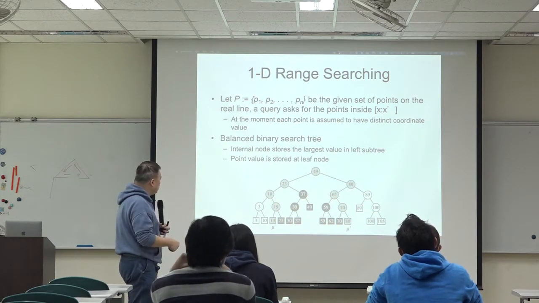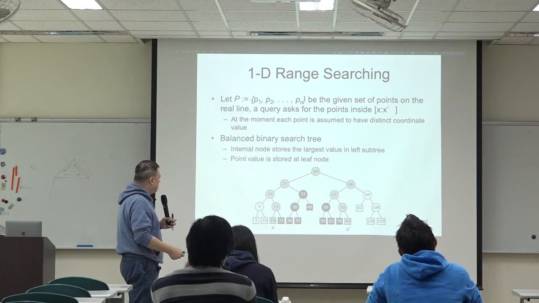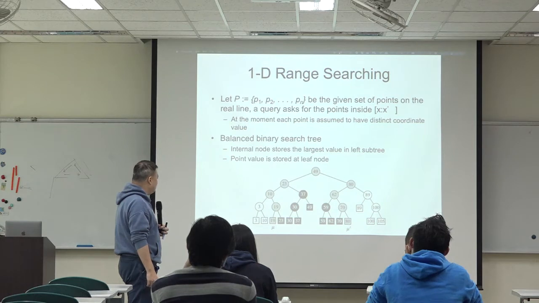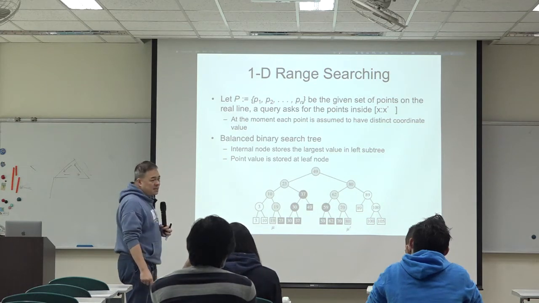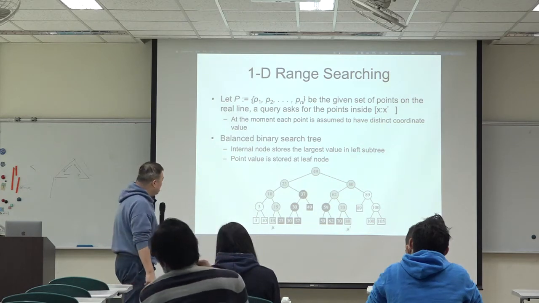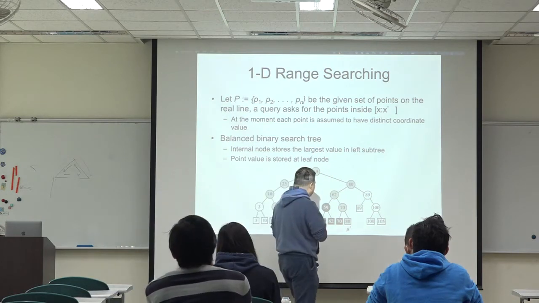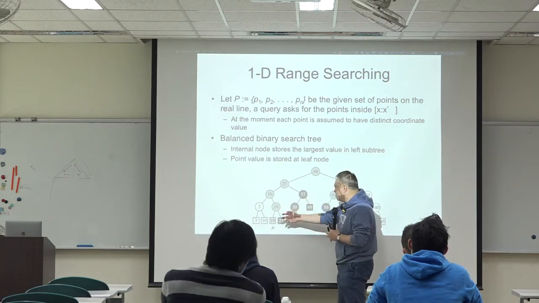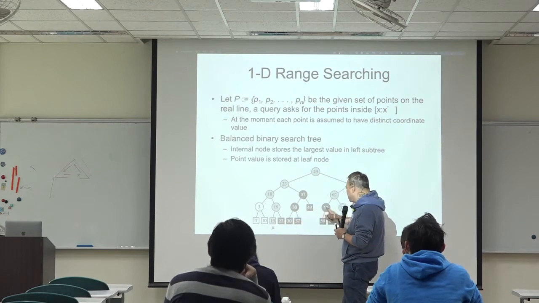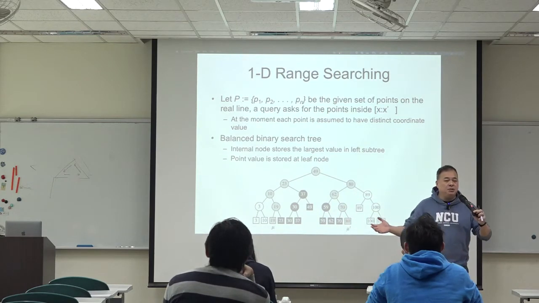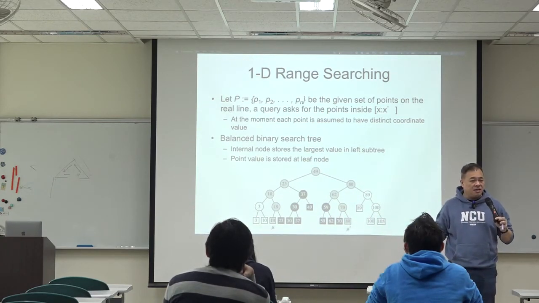Assuming we want to do a query over a range, say x prime from 15 to 75, it means all the numbers between 15 and 75, including 19, 23, 30, and so on up to 70, should be reported, because they fall into this range.